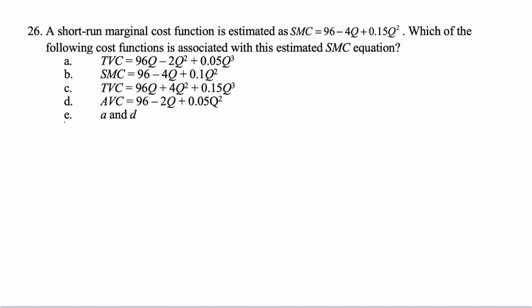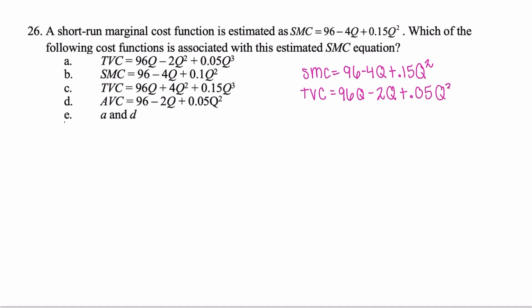26, we have our short run marginal cost function defined as 96 minus 4Q plus 0.15 Q squared. So our total variable cost is going to be 96 Q minus 2Q squared plus 0.05 Q to the third.